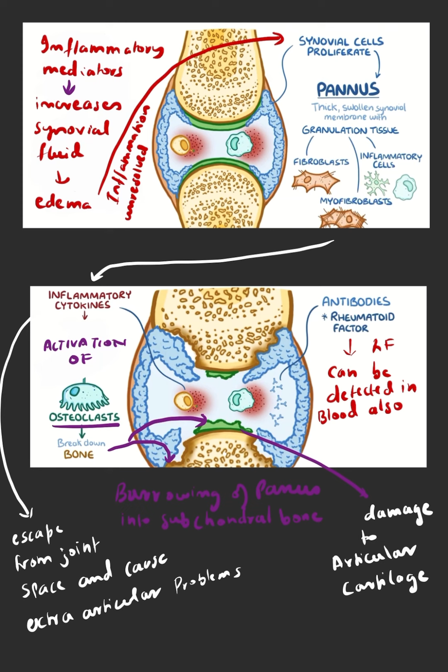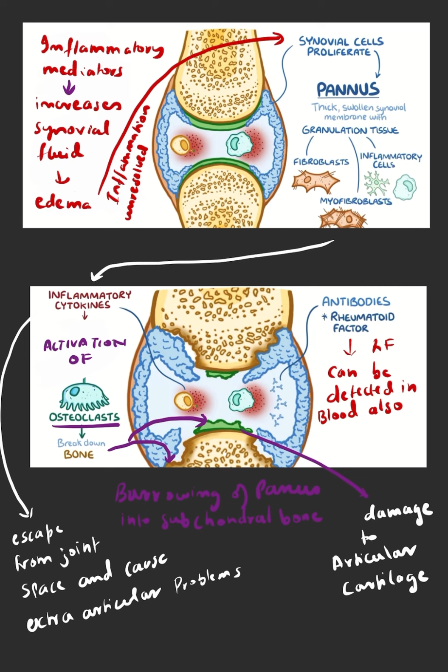To be more precise, pannus is nothing but a thick swollen synovial membrane. And there are other things like granulation tissue made of fibroblasts, inflammatory cells, myofibroblasts, etc. All these inflammatory cells together will do two things. First, some of the inflammatory cells will go out of the way and settle in other parts of the body, in different organs.